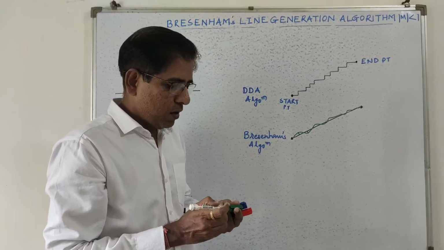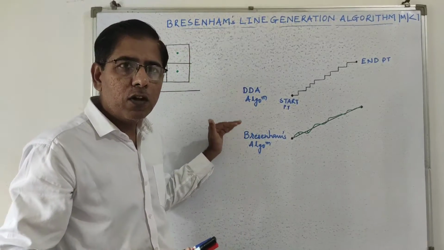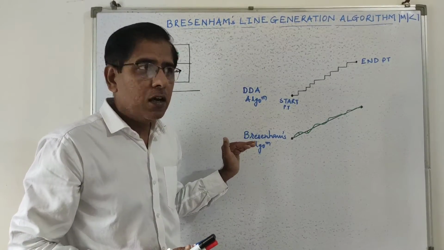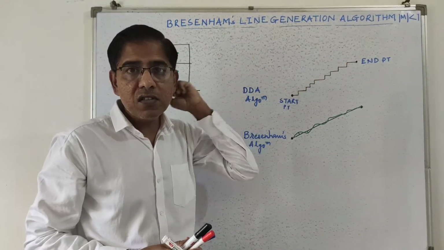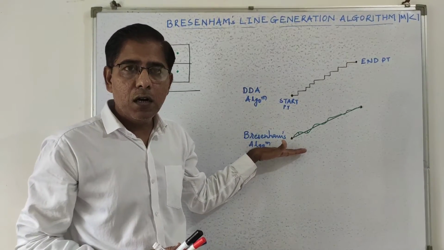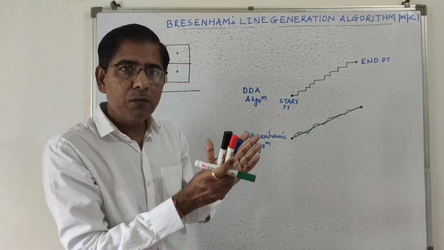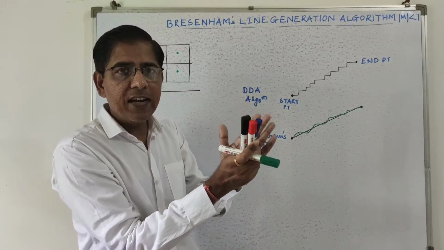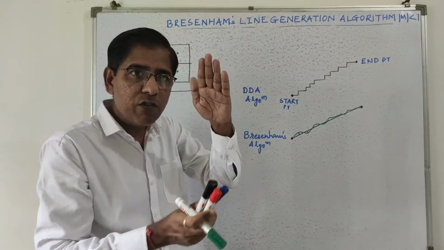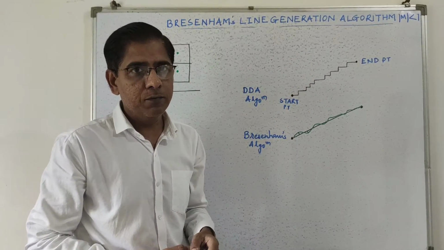So the difference between DD algorithm and Bresenham algorithm, as far as appearance on a screen is concerned, is that the line drawn by Bresenham's algorithm is very smooth as compared to the line drawn by DD algorithm.